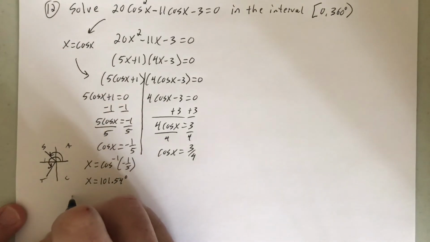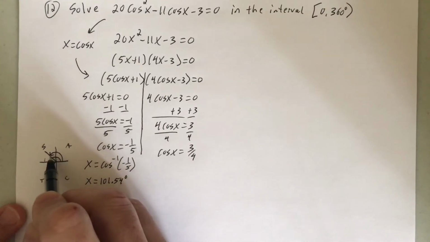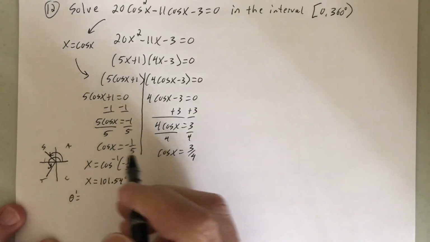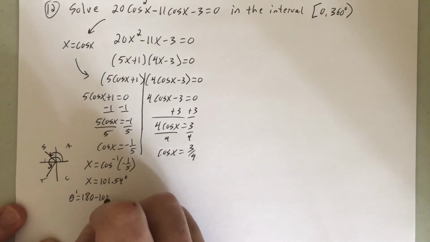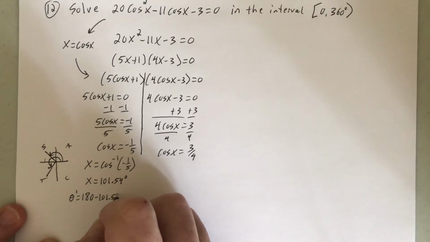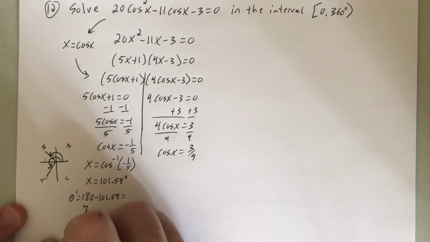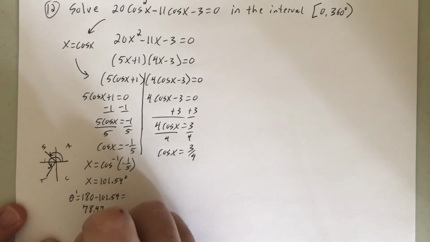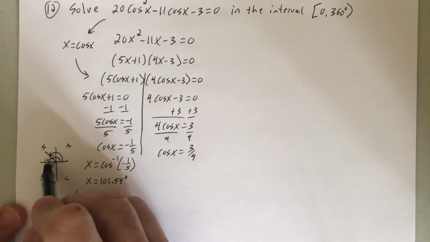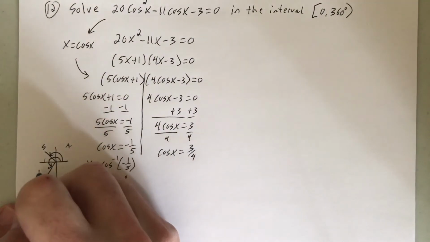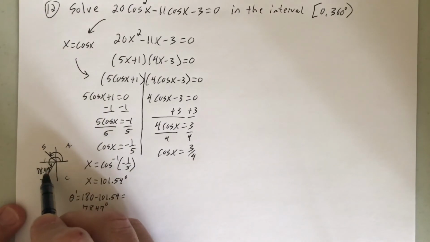So my theta prime for this would be 180 minus my quadrant 2 angle, which will give me this piece, which is theta prime. So 180 minus 101.54 degrees, and that's going to equal 78.47 degrees. So that is my theta prime, which is this piece right here. So that means this is 78.47, this piece from here to here.